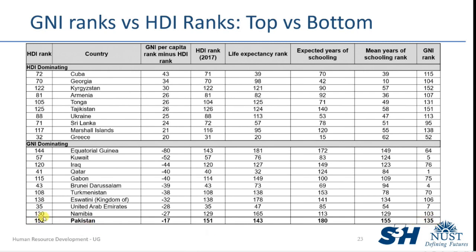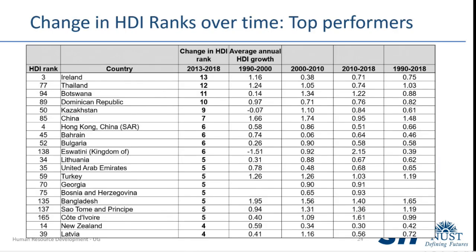But in terms of HDI, it ranks at 152. So in terms of income, we are doing slightly better, but in terms of HDI, we lose 17 ranks when we include health and education in the picture.